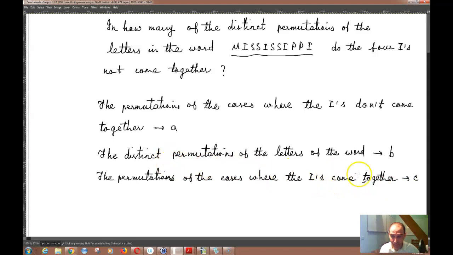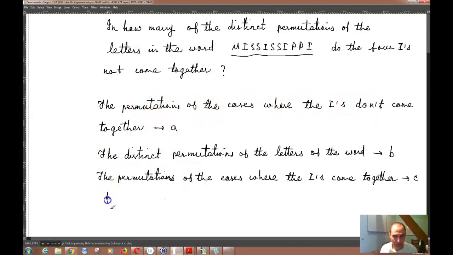So that means that if I subtract the permutations of the cases where the I's come together from the total number of permutations of the word, then that gives me the permutations of the cases where the I's do not come together.